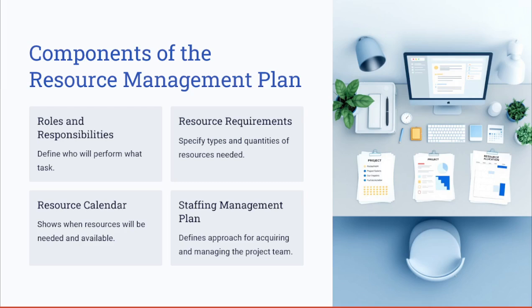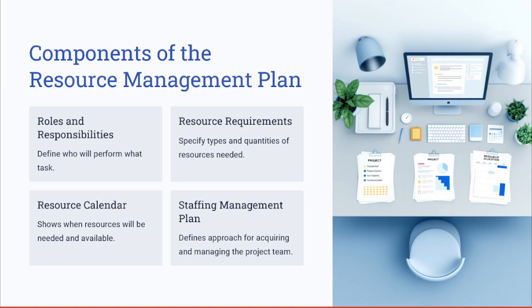Now let's look into the components of the RMP, or the resource management plan. The resource management plan consists of several key components, including the roles and responsibilities, which clearly define who will perform specific tasks on the project.